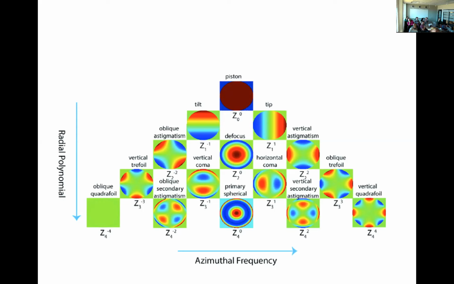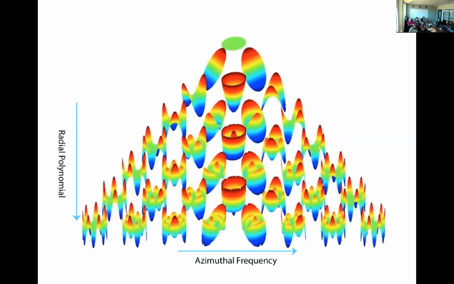And then as you go to higher orders, the central one is defocus if you have some spherically symmetric phase shift, and then you get into all kinds of astigmatisms, and these go to higher orders with higher azimuthal frequency. They're plotted in 3D, if that helps you.